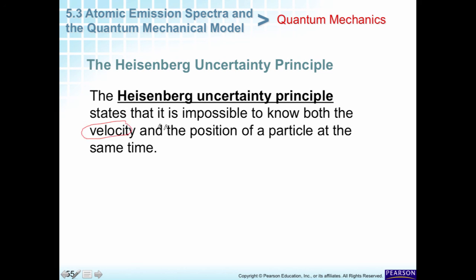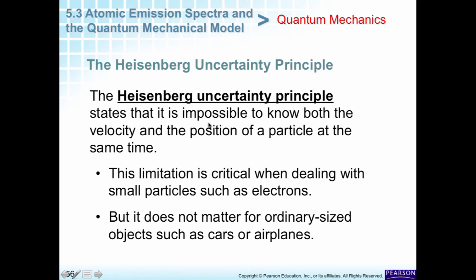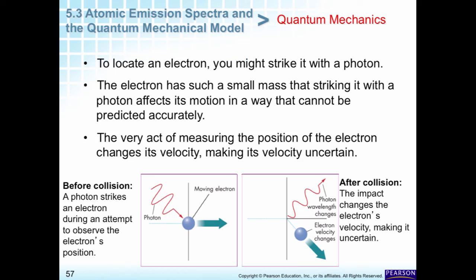So you can't know both. And there's reasoning for this, because the tool with which you would do this is the same size as the electron. Okay, it's very, very critical when we talk about very small particles like the electron. But it doesn't come into play when you think of macroscopic things like cars and airplanes.